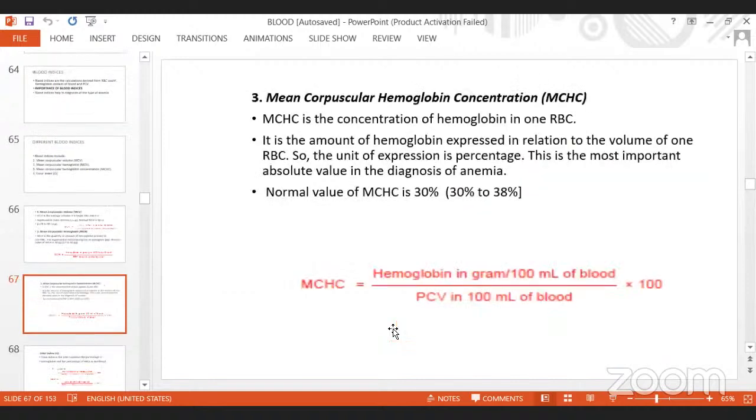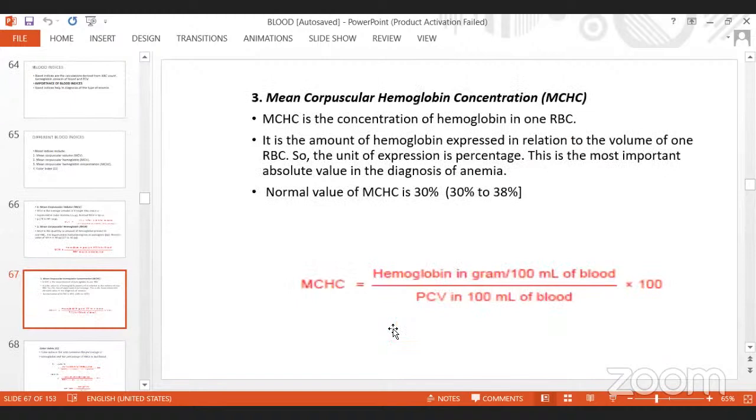And the next one is mean corpuscular hemoglobin concentration. It is the concentration of hemoglobin in one RBC, that is, how much hemoglobin is present in relation to the volume of one RBC.